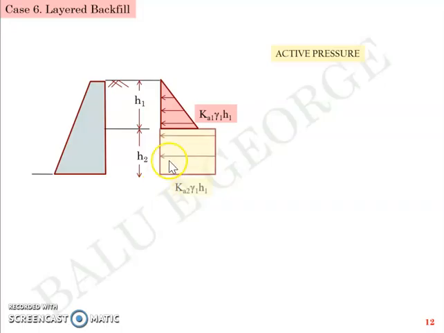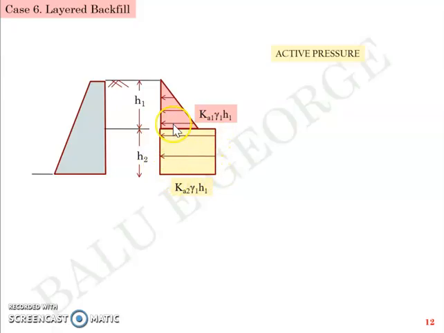So you have a rectangle here where gamma 1 h1 acts as a surcharge, but you need to take care of the Ka value here. The soil here is soil number 2. So you have Ka2 multiplied by gamma 1 h1. So earlier you had Ka1 gamma 1 h1 at the interface. Just beneath that you have Ka2 gamma 1 h1 acting as a surcharge.